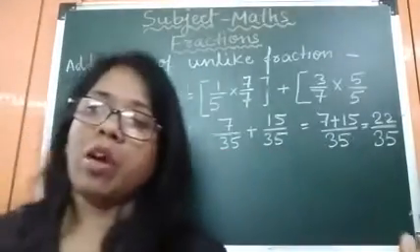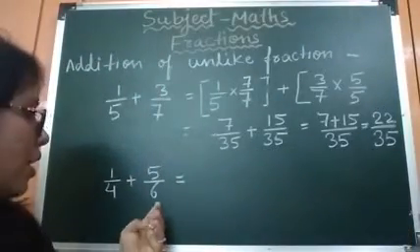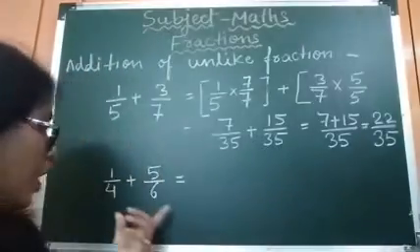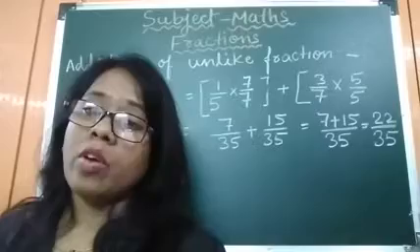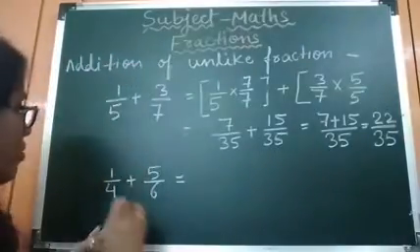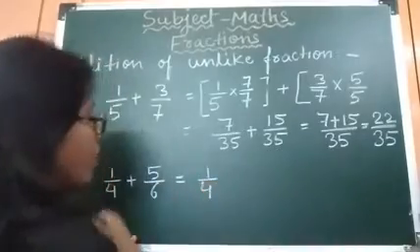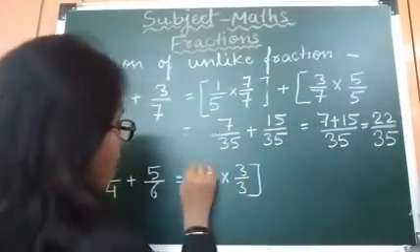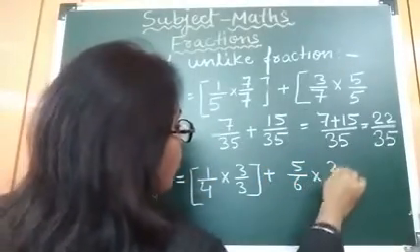Now read the table of 4. 4 1s are 4, 4 2s are 8, 4 3s are 12. And read the table of 6. 6 1s are 6, 6 2s are 12. So, here we can apply the LCM method. LCM of 4 and 6 is 12. So, we will make the denominator 12. For making the denominator 12, we will multiply 1 upon 4 by 3 upon 3 and 5 upon 6 by 2 upon 2.